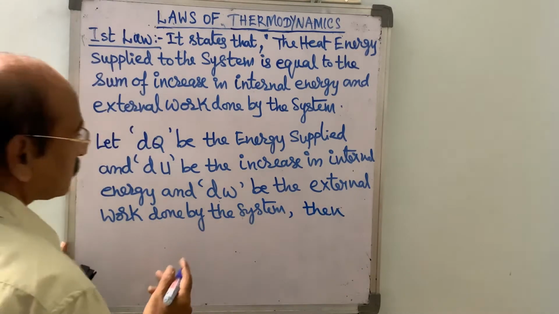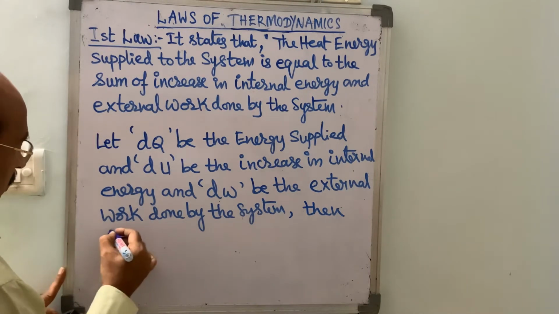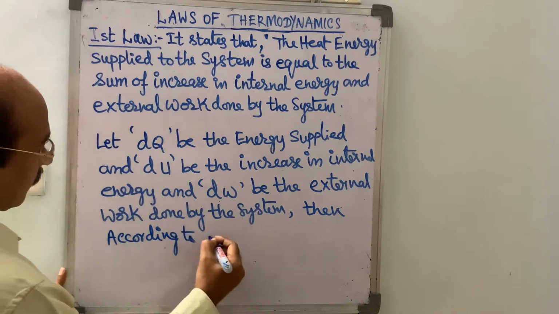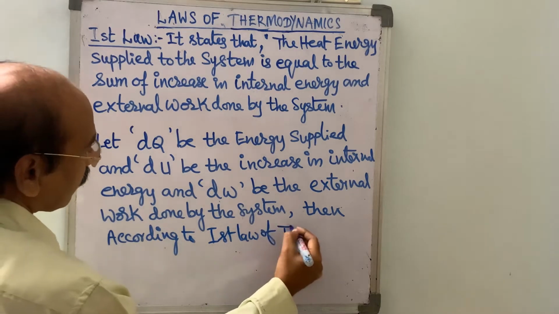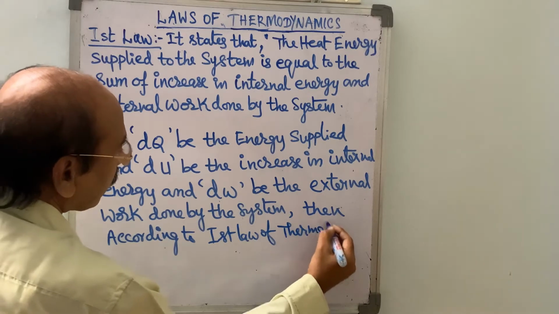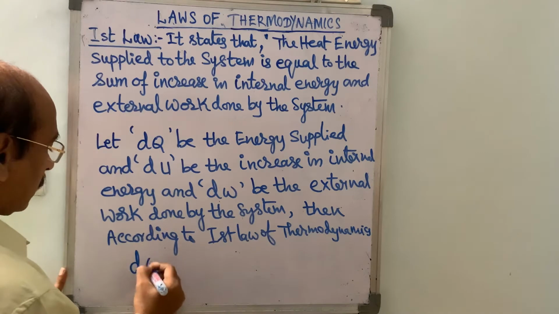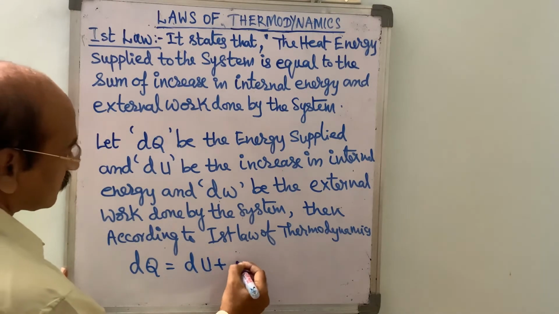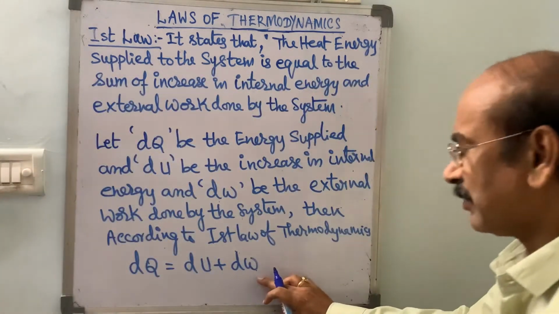Then according to the first law of thermodynamics, dq is equal to du plus dw. This is known as the mathematical form of the first law of thermodynamics.